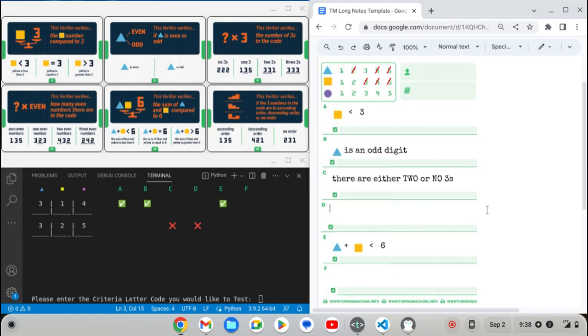Again, very interesting. So let's say there are either 2 or no evens. Okay, so let's see. If I do have 2 evens, that would be square and circle.